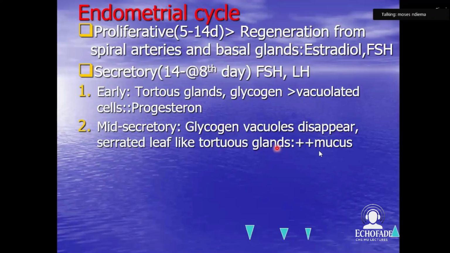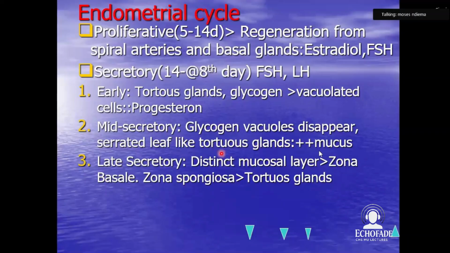In the late secretory, there's a very distinct basal zone and also the spongiosum zone. The glands, again, at this stage are very tortuous. So here the glands are swollen because there's a lot of mucus and a lot of glycogen in the glands, in the cells, and there's also thickening.